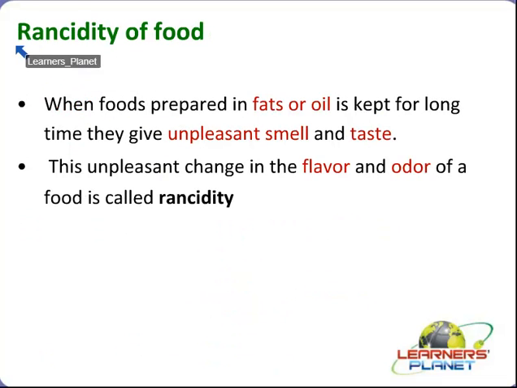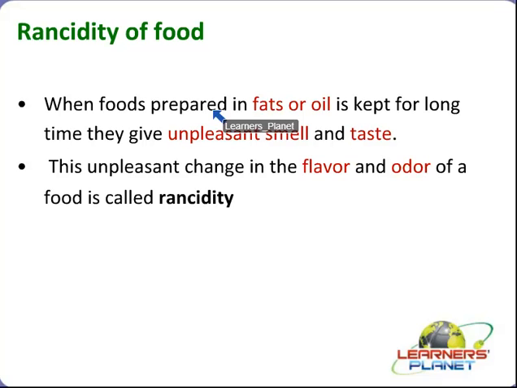Now there is another consequence of corrosion, that is rancidity of food. Now what is rancidity, students? When foods prepared in fats or oil are kept for a long time, they give an unpleasant smell and taste. If you keep your French fries or your pizzas or cakes for a long time outside, it smells and tastes bad.